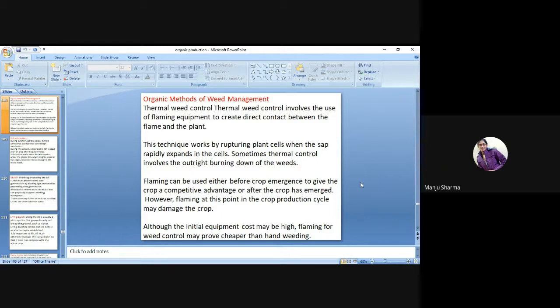Flaming can be used either before crop emergence to give the crop a competitive advantage, or after the crop has emerged. However, flaming at this point in the crop production cycle may damage the crop.